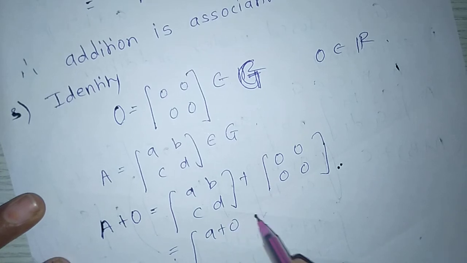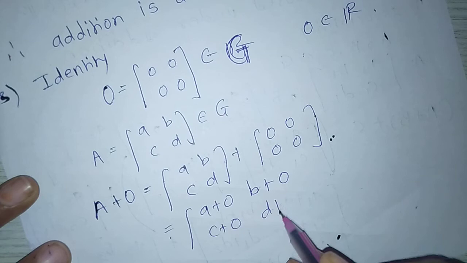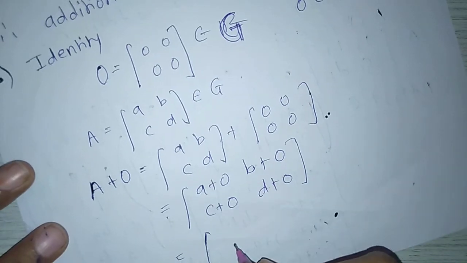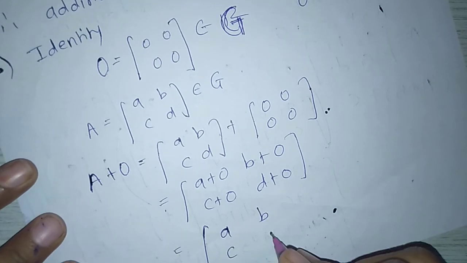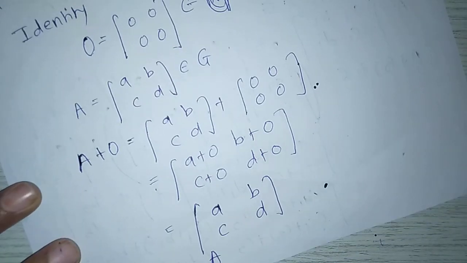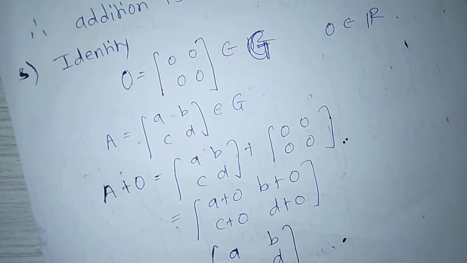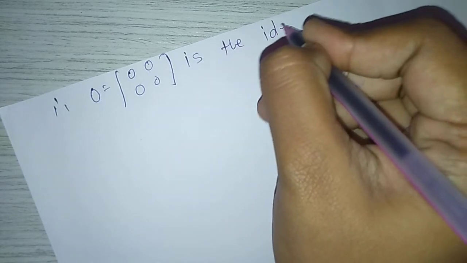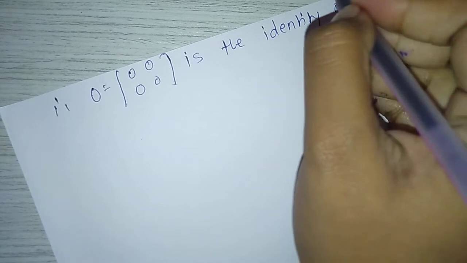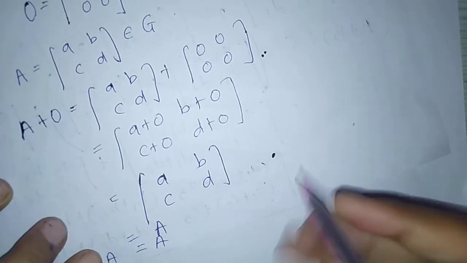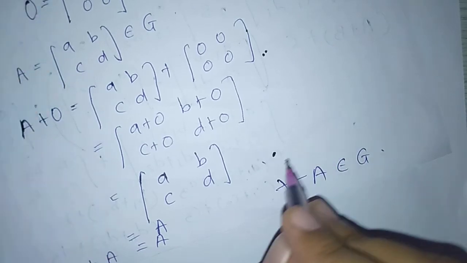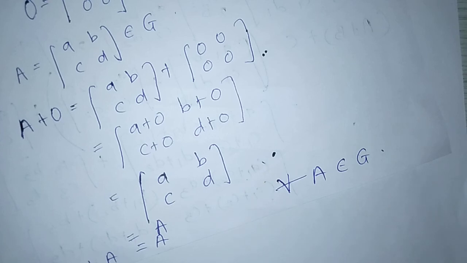We get a plus 0, b plus 0, c plus 0, d plus 0, equal to a, b, c, d, which is equal to A. Similarly, we get O plus A equal to A. Therefore, O equal to 0, 0, 0, 0 is the identity of G. Here A plus O equals A for all A belongs to G. This property must be satisfied by all the elements of G.